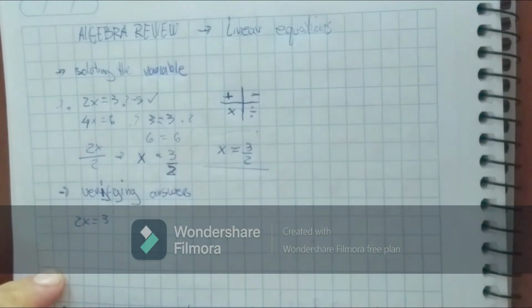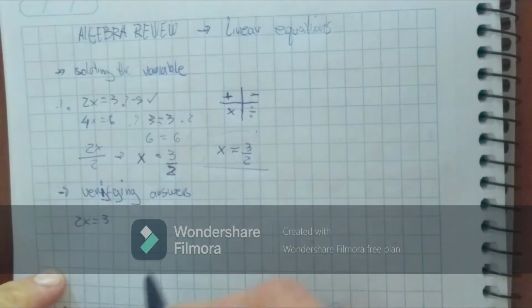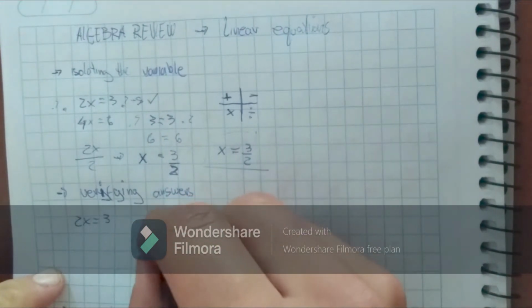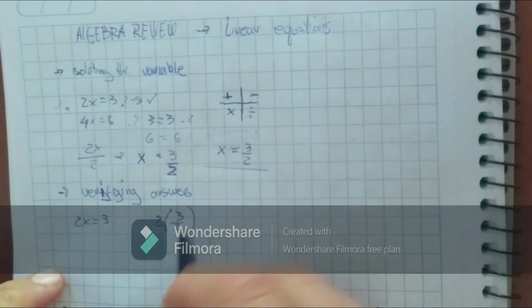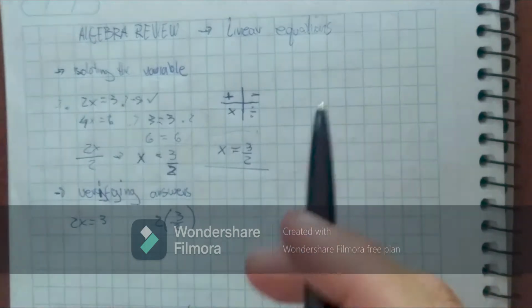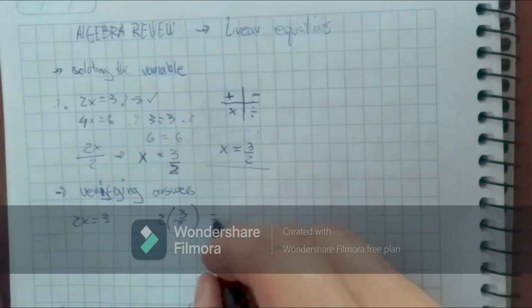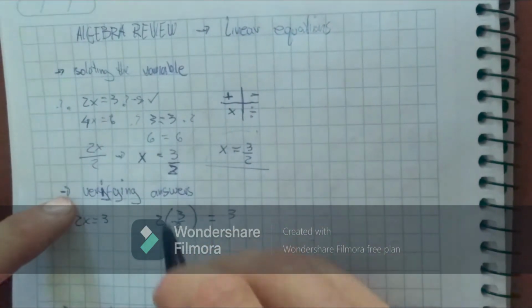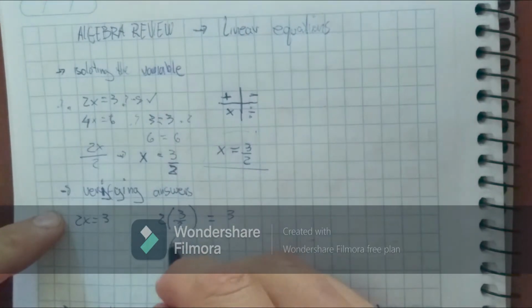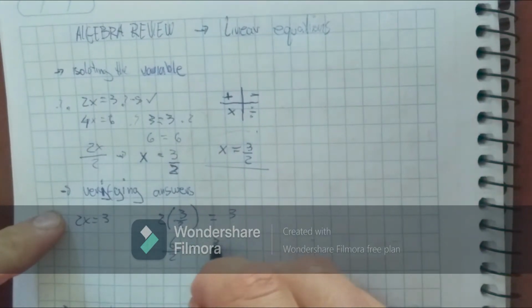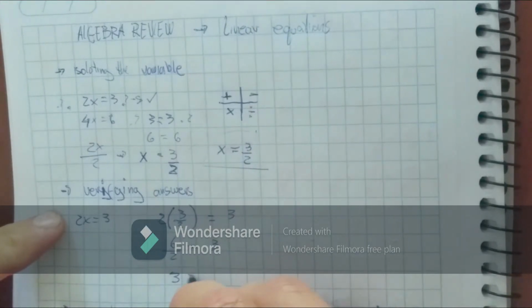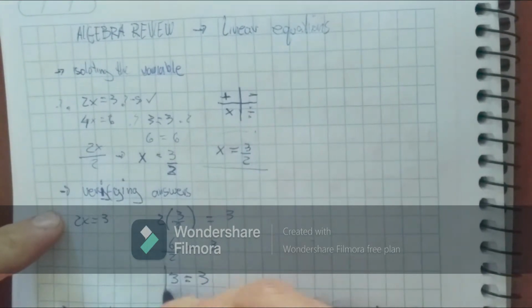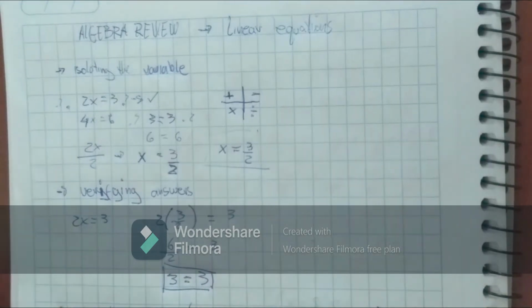Since x equals 3 over 2, I substitute 3 over 2 for x: 2 times 3 over 2 equals 3. Now, 2 times 3 is 6, so 6 over 2 equals 3. Simplifying, 6 over 2 is 3, so 3 equals 3. That is how you check your answer.